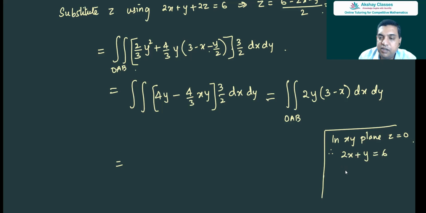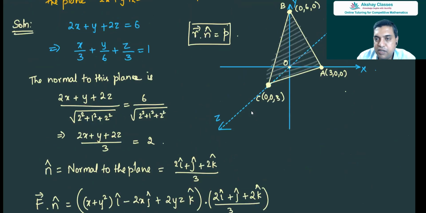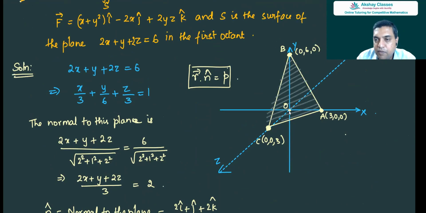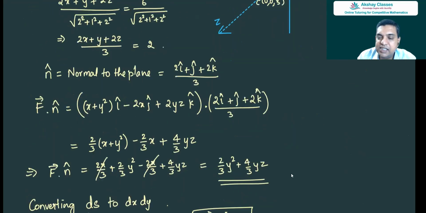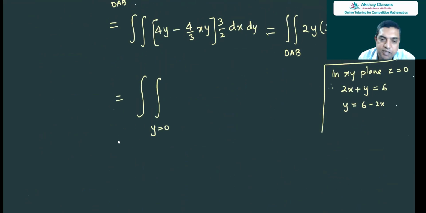So here y can be written as 6 minus 2x. Now when we do the double integral, first let us integrate with respect to y. Y will start from 0 because it is the positive octant. That means any strip in the xy plane I am taking from 0 to 6 minus 2x.